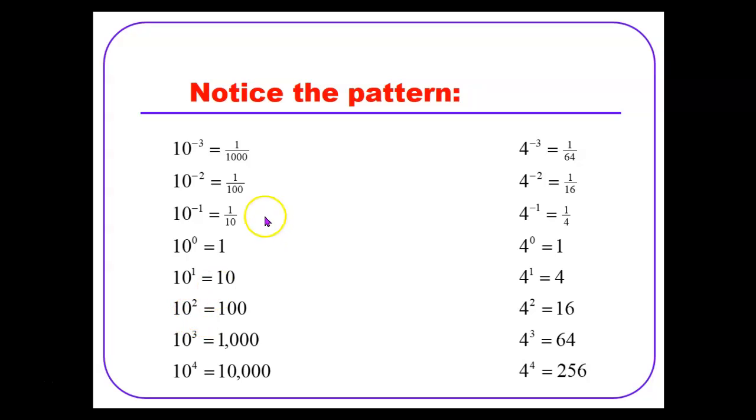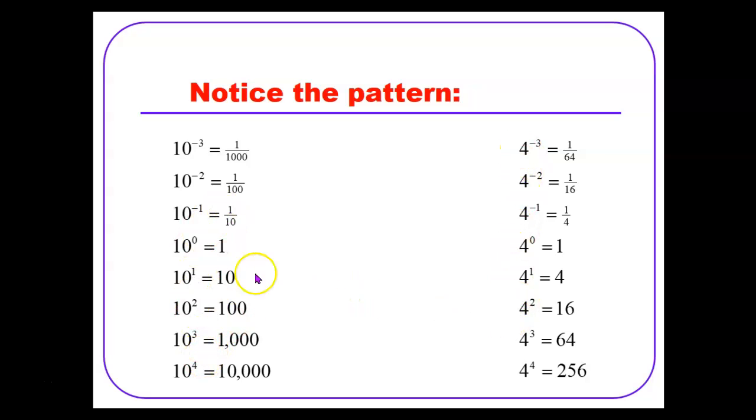That is, it's 1 over 10 to the 2 power. 10 to the negative 3 power is 1 over 10 to the 3rd power. It's 1 over 1,000.